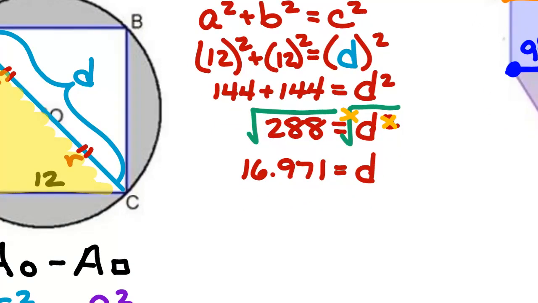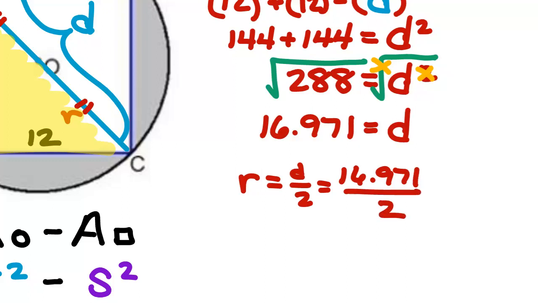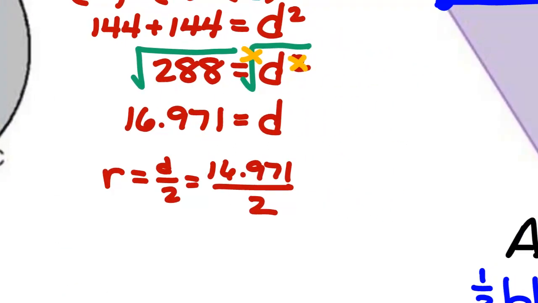And so then our radius is half the diameter. So 16.971 cut in half. That comes out to be about 8.486.